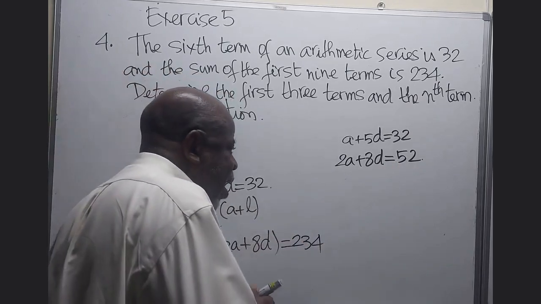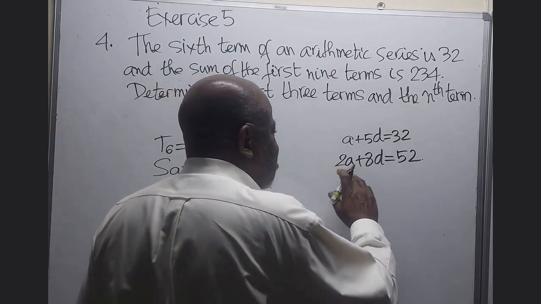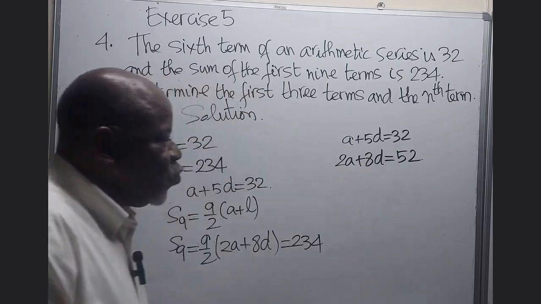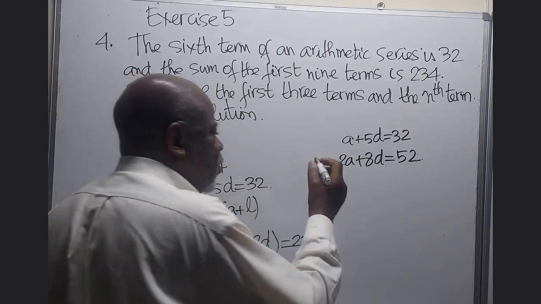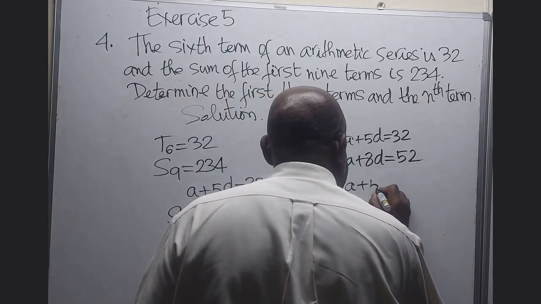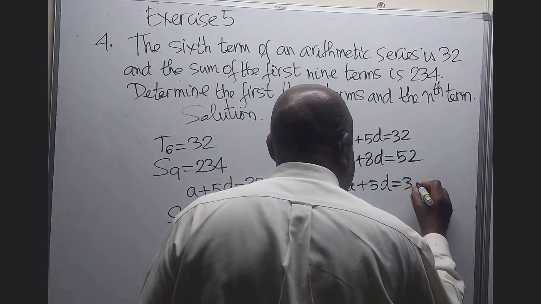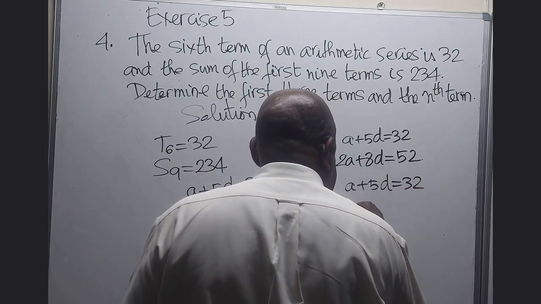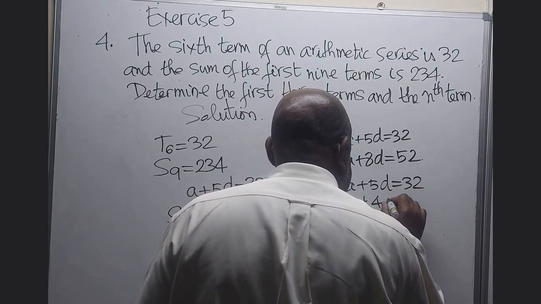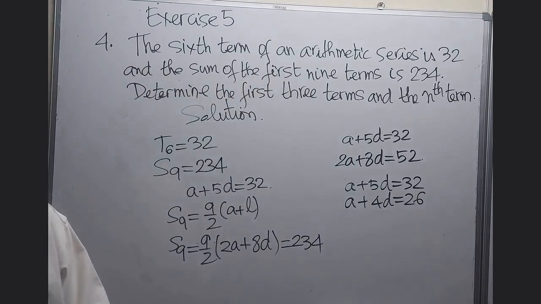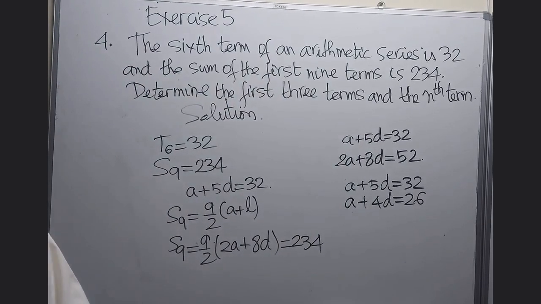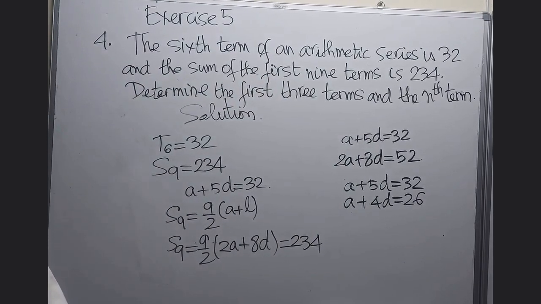Now, I can divide this second equation by 2. So it will be 2a plus 8d is equal to 52. Divided by 2, this is what I'm getting. A plus 5d is equal to 32. And here, a plus 4d is equal to 26. Because if you divide 52 by 2, let's check, then we're getting 26.